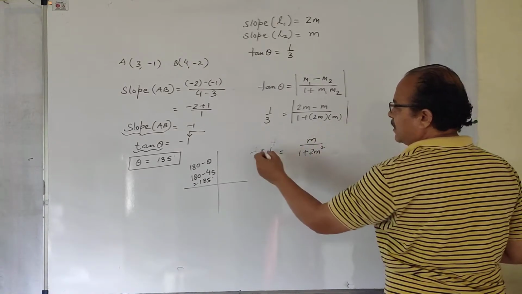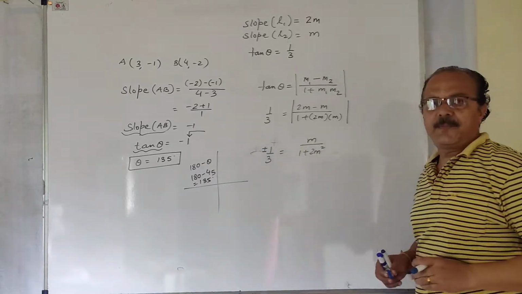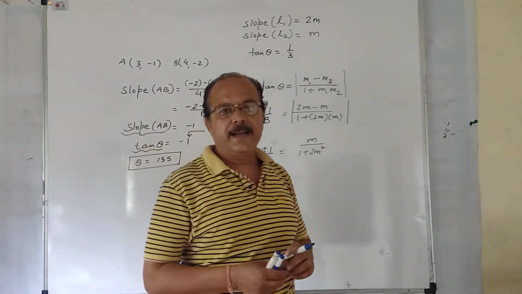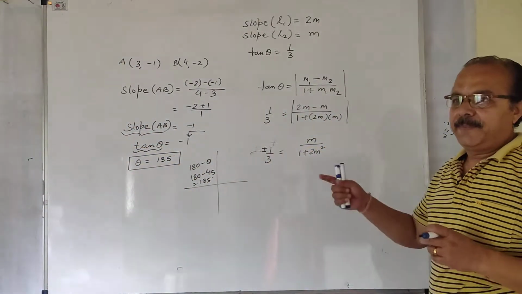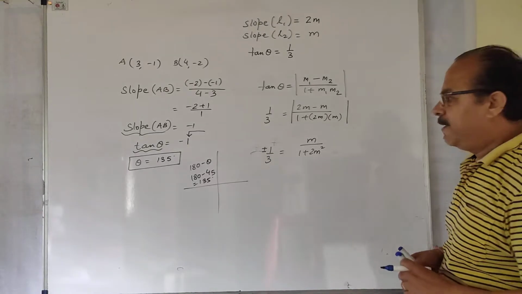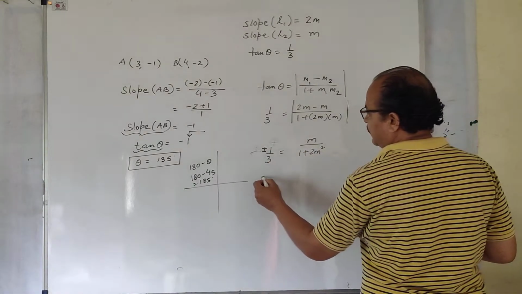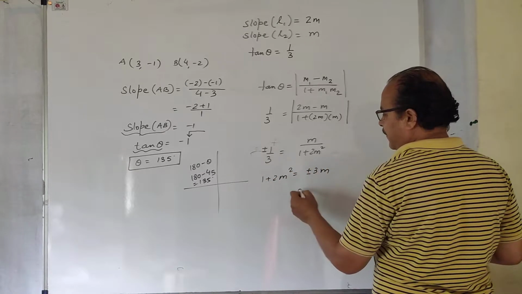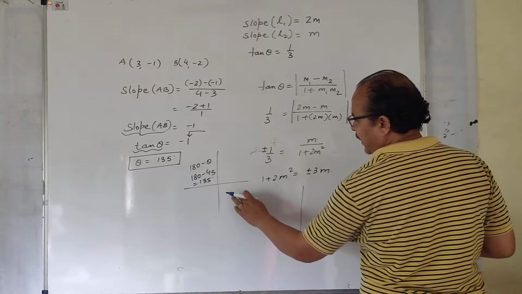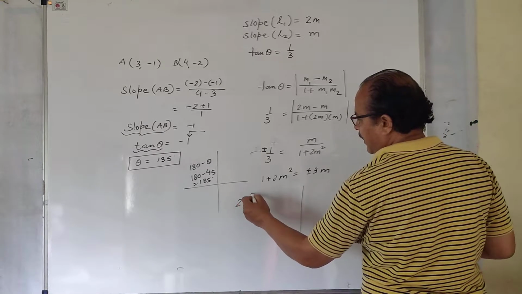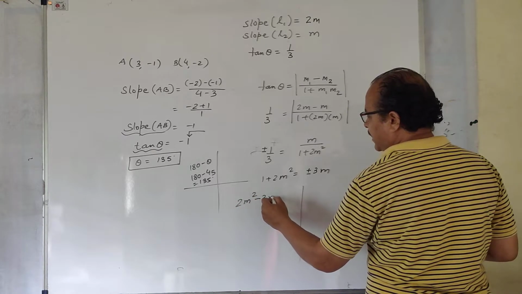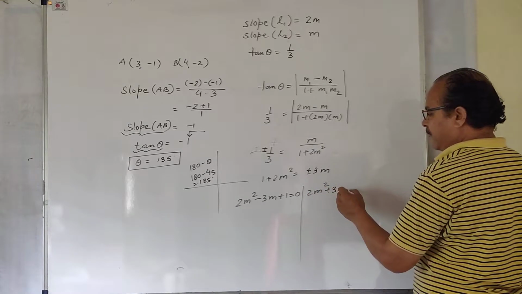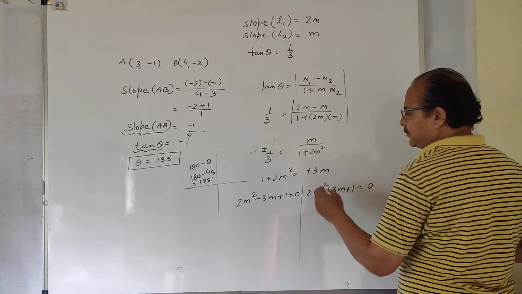If you remove this mod sign, then we can put plus minus there, because the mod sign represents both positive as well as negative quantities. When you remove the mod sign, the plus minus sign will be there on the left hand side. Now let's multiply: 1 plus 2m square is equal to plus minus 3m. So it gets bifurcated: 2m square minus 3m plus 1, and 2m square plus 3m plus 1.